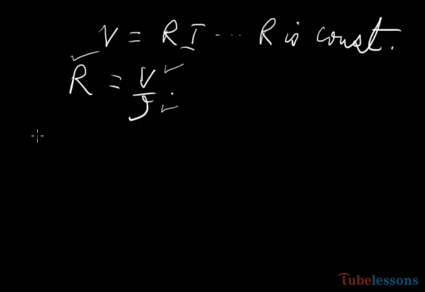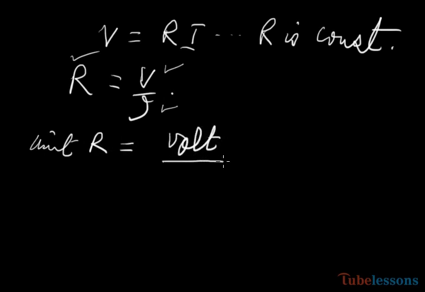And what will be its unit? R equals V by I, so the unit of potential difference is volt, and the unit of current is ampere. So volt by ampere is the unit of resistance, and it is called ohm. Any unit normally should start with a small letter, though it is named after a person.